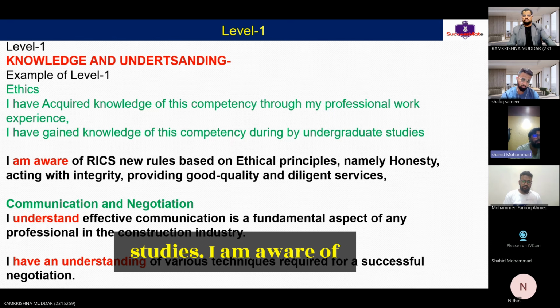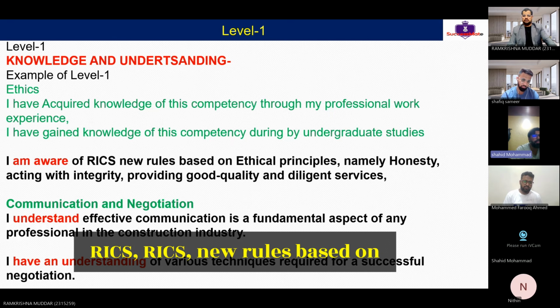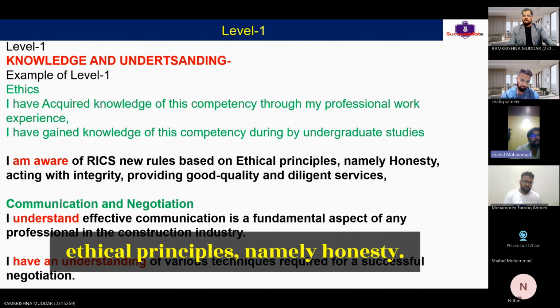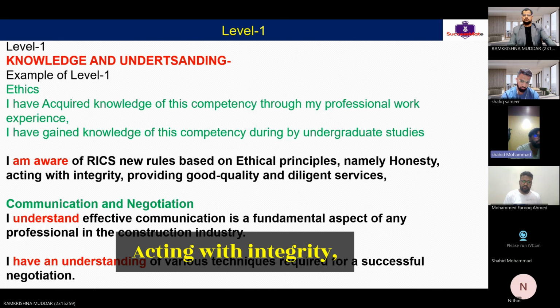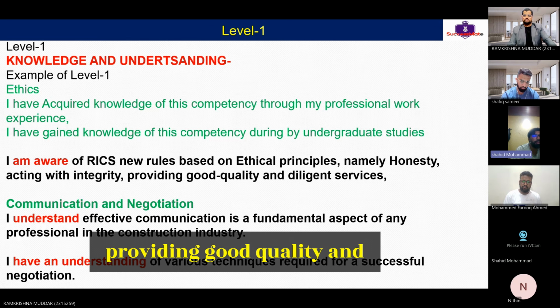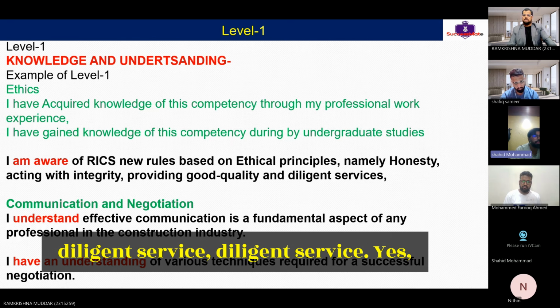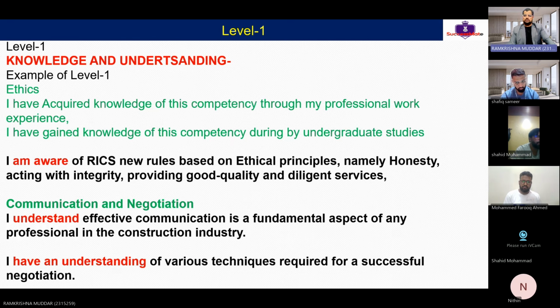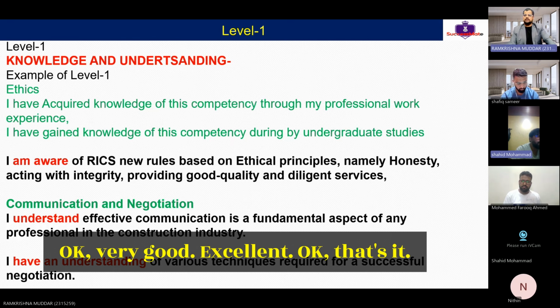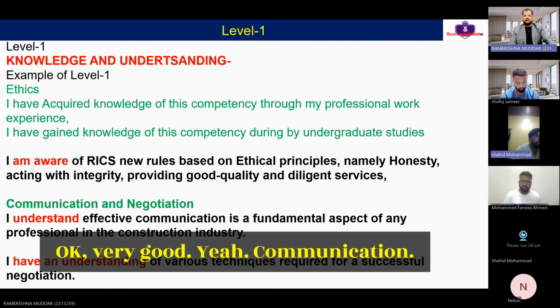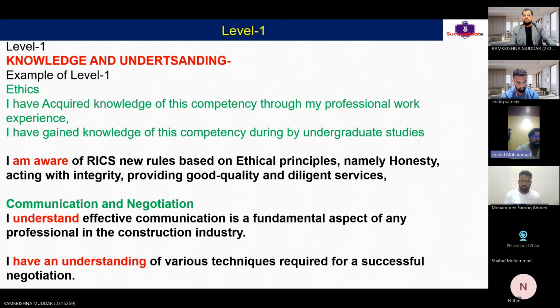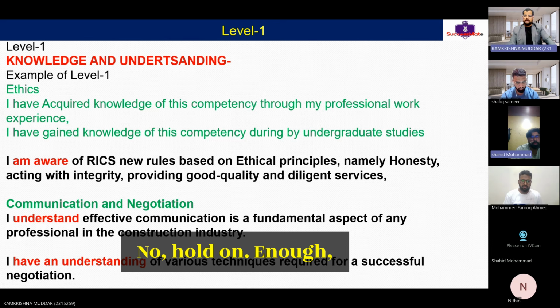I am aware of RICS new rules based on ethical principles, namely honesty, acting with integrity, providing good quality, and diligent service. Very good. Excellent. Okay, that's enough, Mr. Shahid.